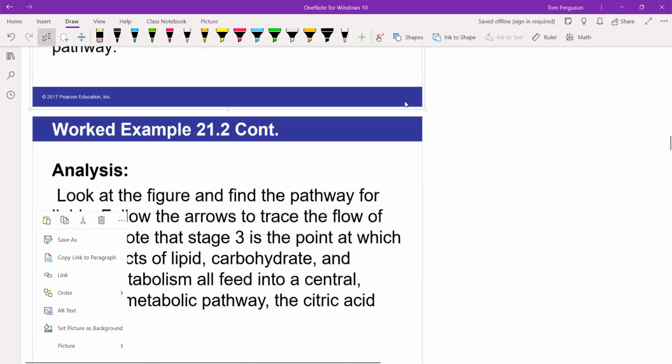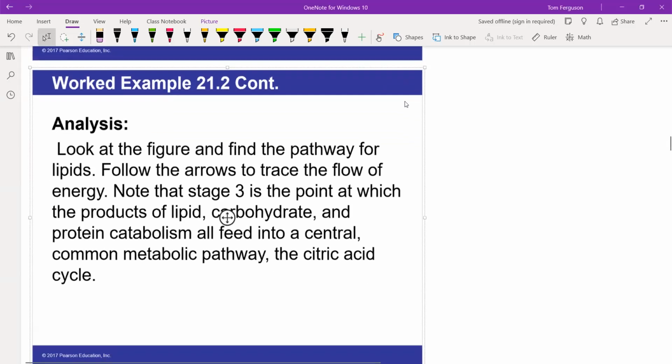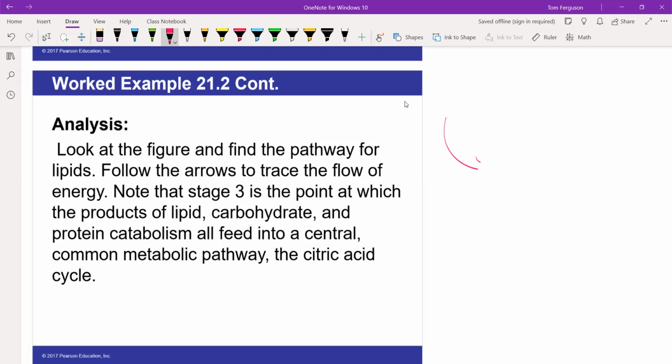Okay, so the point of this question has to do with everything. So that's lipids, proteins, and carbs.